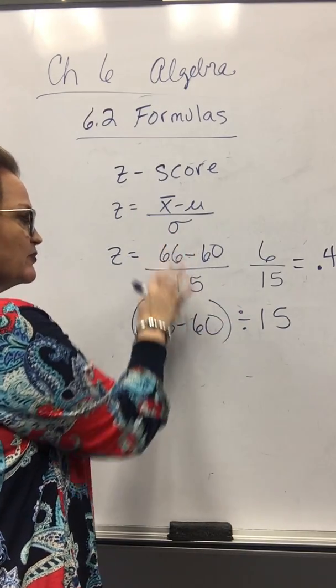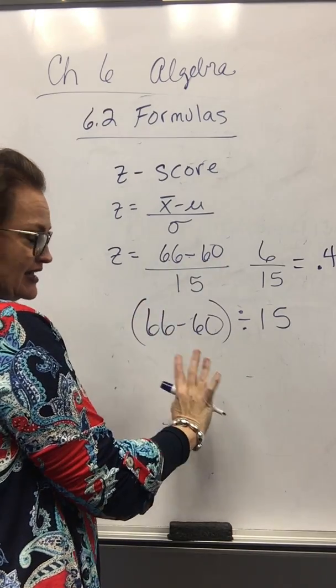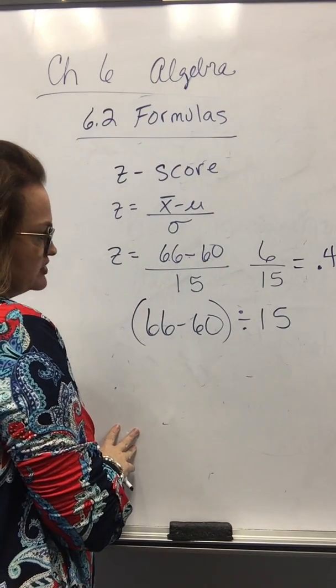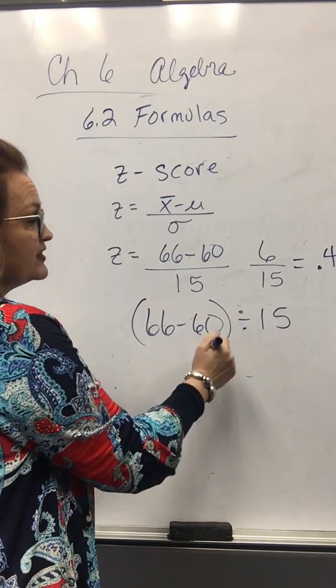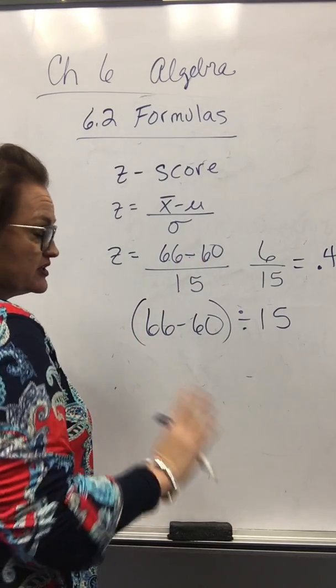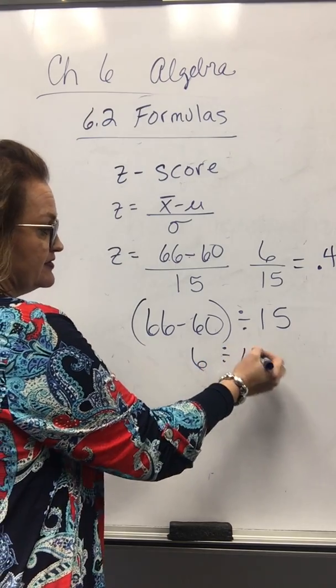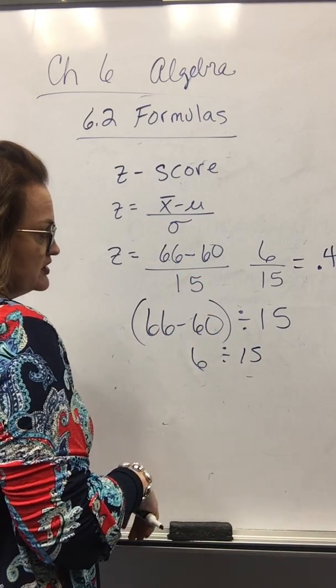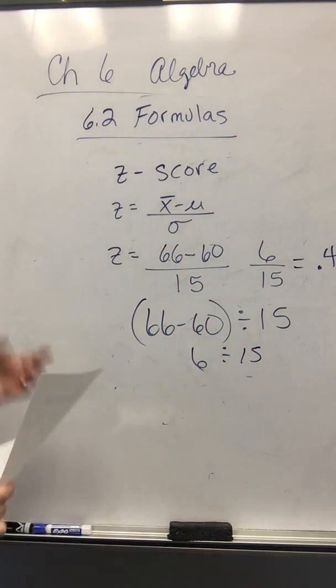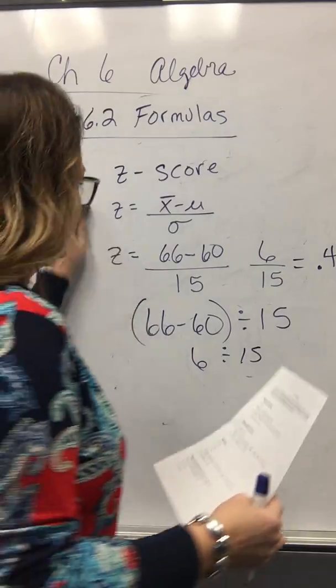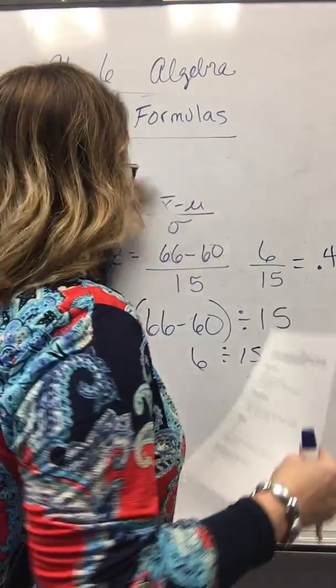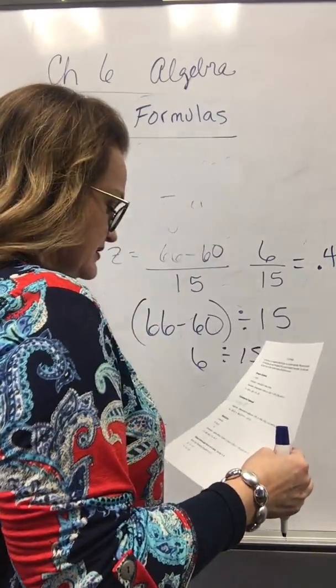Do these like separate problems and then do the divide last. That's how we assess fraction problems. So you do need to have a parenthesis around that numerator if you're strictly typing it on your calculator. Then it knows it's 6 divided by 15. That needs to be done first, like I said, because calculators know order of operations, so you have to be careful around that.